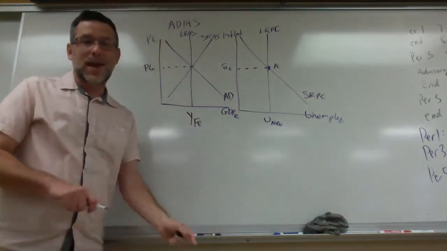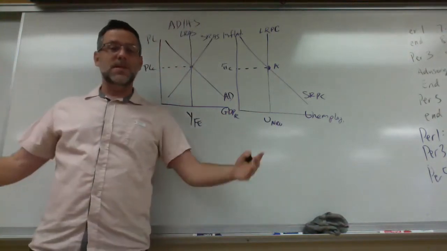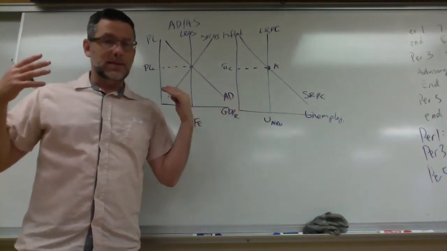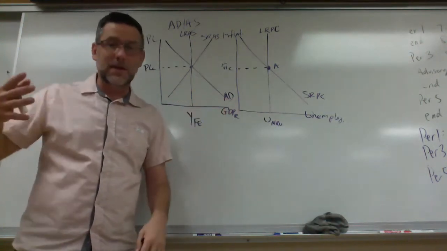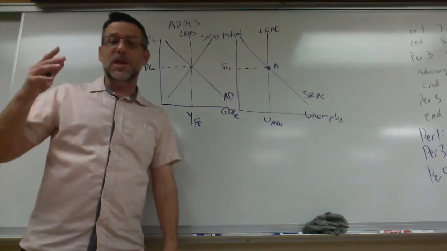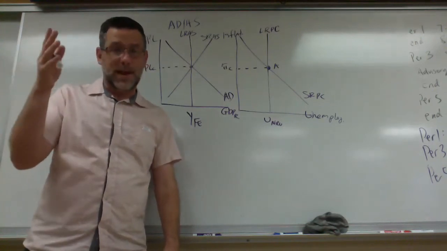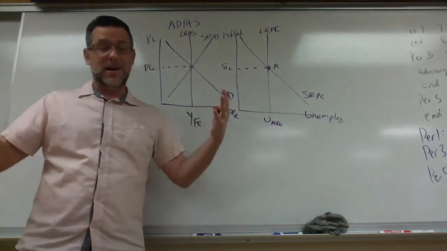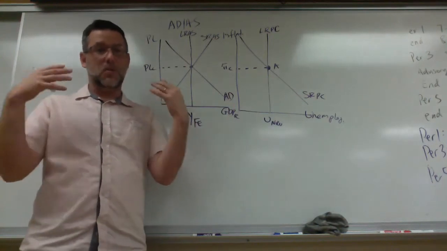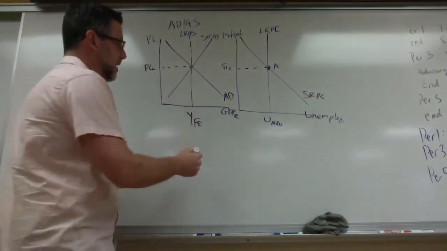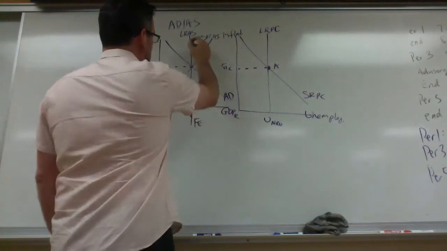So let's say that businesses are feeling positive about the future, that they believe profits are going to be higher over the next few years. So businesses start investing more because they think there's going to be more profit to be gained. So aggregate demand increases.